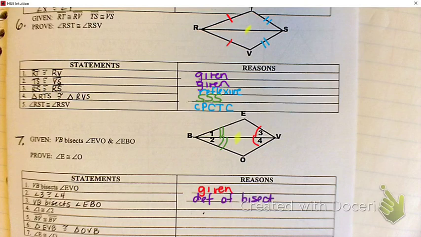A lot of times, when they say something in the given, if it's in words, the reason for the statement is usually the definition of what those words are. Okay. VB bisects EBO. Caleb, what do you think? Given. Good. Raven, angle 1 is congruent to angle 2. It's the same reason as angle 3 was congruent to angle 4.